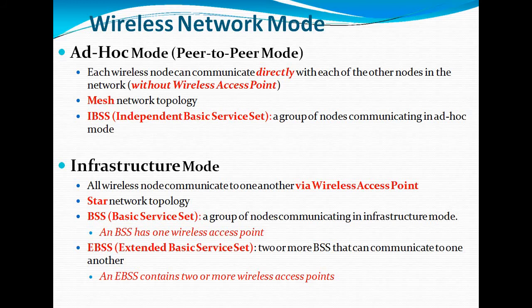So a BSS has one wireless access point. And next, the EBSS, that is extended basic service set, which is the combination of two or more basic service sets that can communicate with one another. So an EBSS consists of two or more wireless access points.